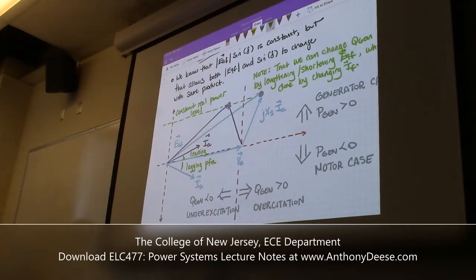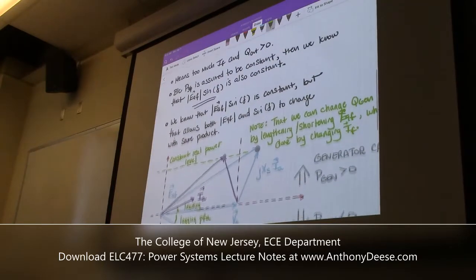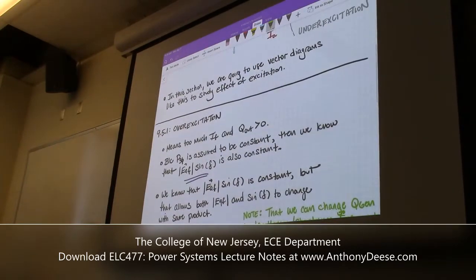How do we lengthen and shorten EAF? By changing the IF value. And if we go all the way back to stuff we did from the previous lecture, you would see that that's the case. So that's how this very busy figure right here illustrates the relationship between IF and Q. And that's really all there is to overexcitation, underexcitation, as far as we're going to be concerned in this class.